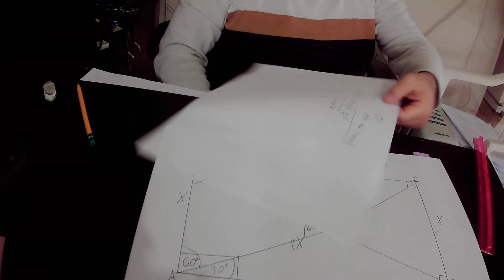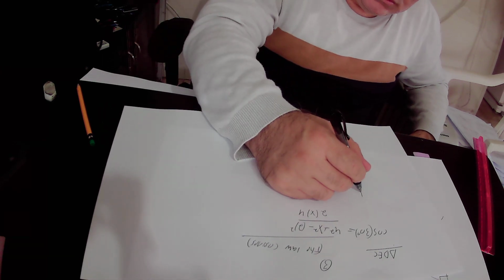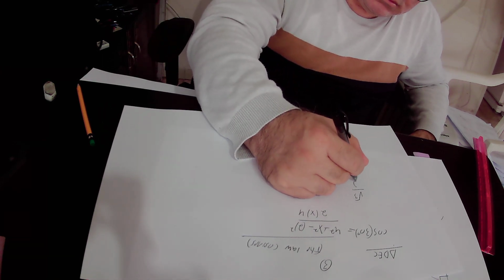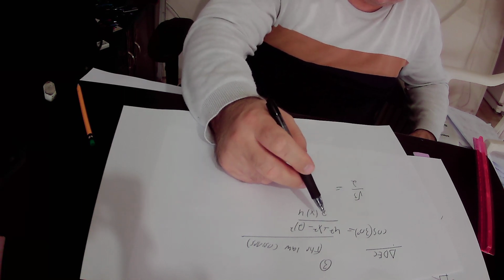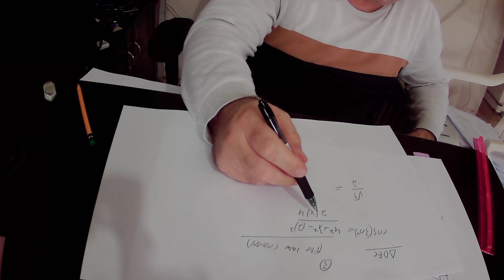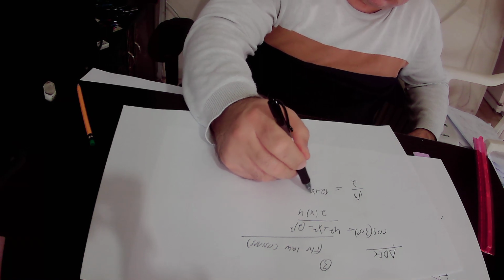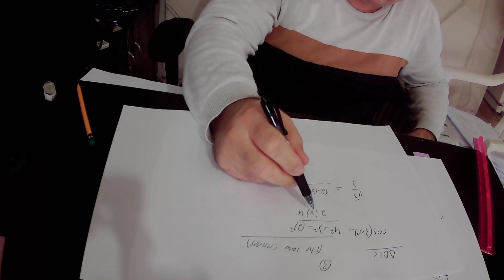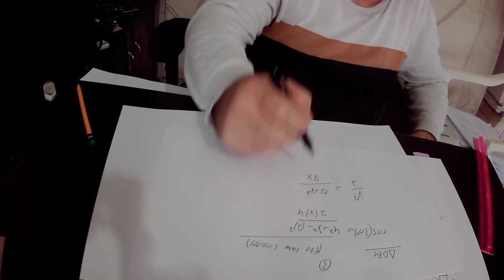Cosine 30 degrees is square root of 3 over 2, and it equals 4 squared is 16, minus 2 squared is 4, 16 minus 4 is 12, plus x squared, over 2 times 4 is 8, x.